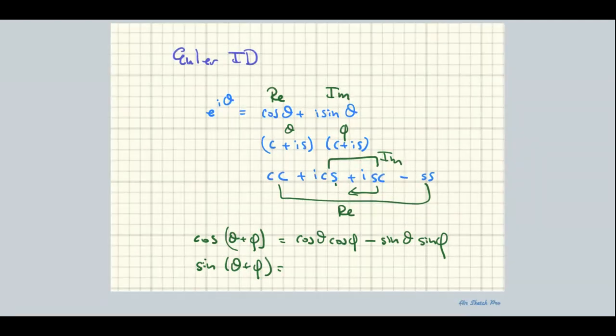So sine theta cos phi plus cos theta sine phi. And I wanted to end with s because these change sign.